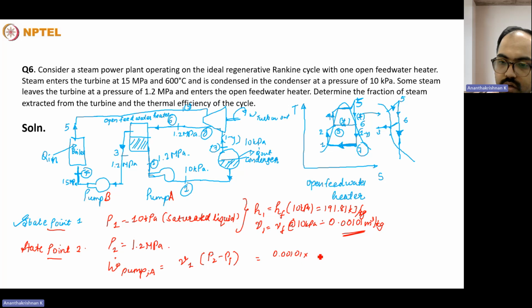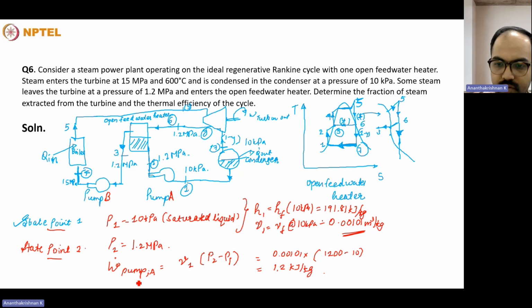It will be equal to 0.00101 into P2, the second pressure, which is 1200 kilopascal, minus P1, which is 10 kilopascal. This is 1.2 megapascal, so 1200 kilopascal. That will give us the total specific work equal to 1.2 kilojoule per kilogram.